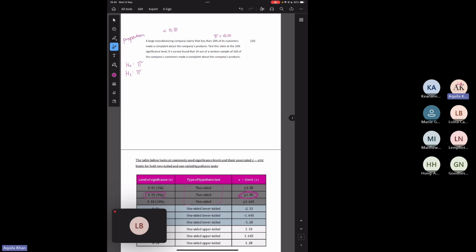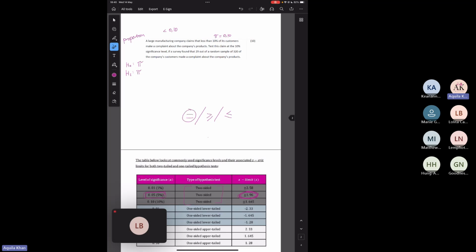Remember last week I said that the most important characteristic of the null hypothesis is that it must have the equality sign, whether it's literally the equal to sign, or greater than or equal to, or less than or equal to.